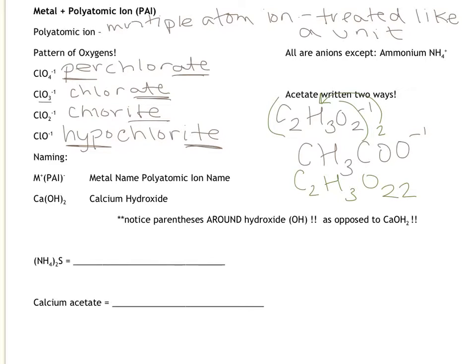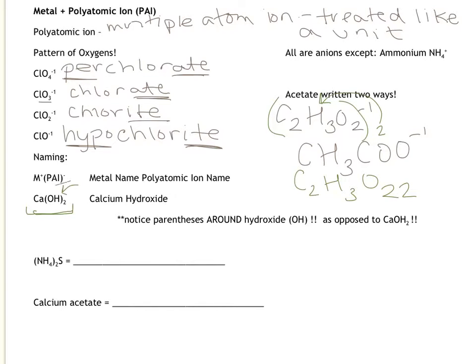So something to be aware of as we're going through, and we'll look more at this, and you'll see this more in class. But if you look down to the bottom here on how to name them, we say we have a metal name and then a polyatomic ion name. So here we see that we have 3 elements. So anytime we see that we have more than 2 elements, that means that something must be a polyatomic ion.